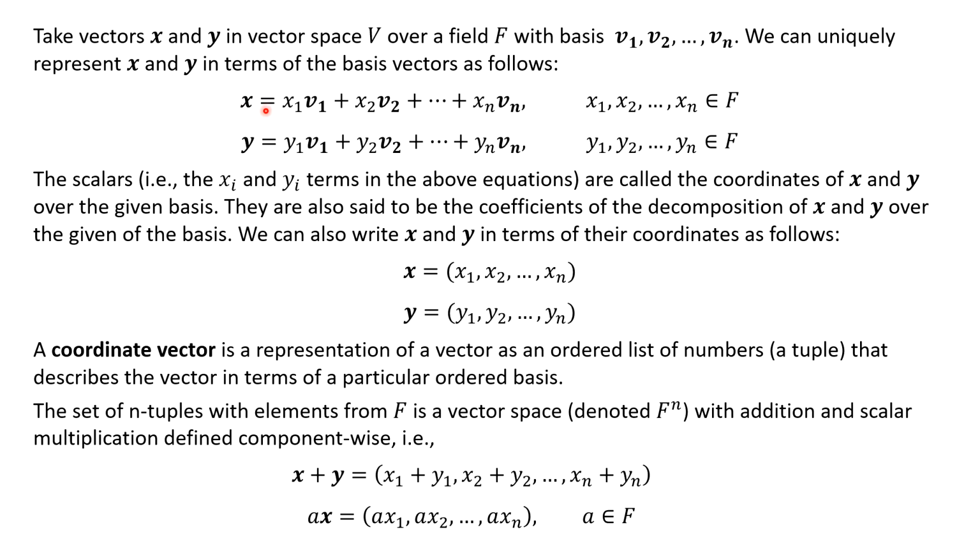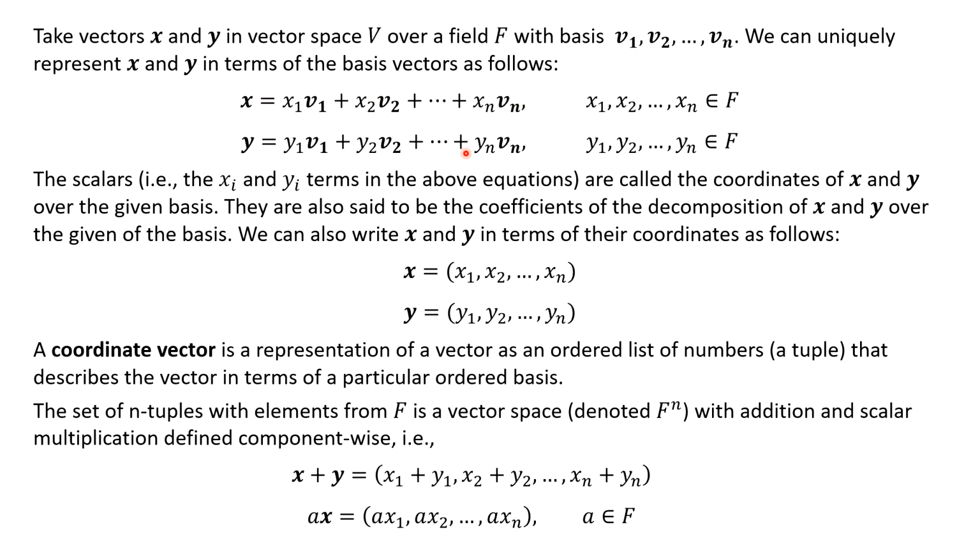If we were able to write x in terms of the basis two different ways, in other words, where some of these coefficients were not the same, and then you subtracted those two representations, on the left you would get 0, and on the right you would get a linear combination of the basis vectors where at least one of the coefficients was not 0, which would contradict the basis vectors being independent. So that's sort of a quick verbal proof.